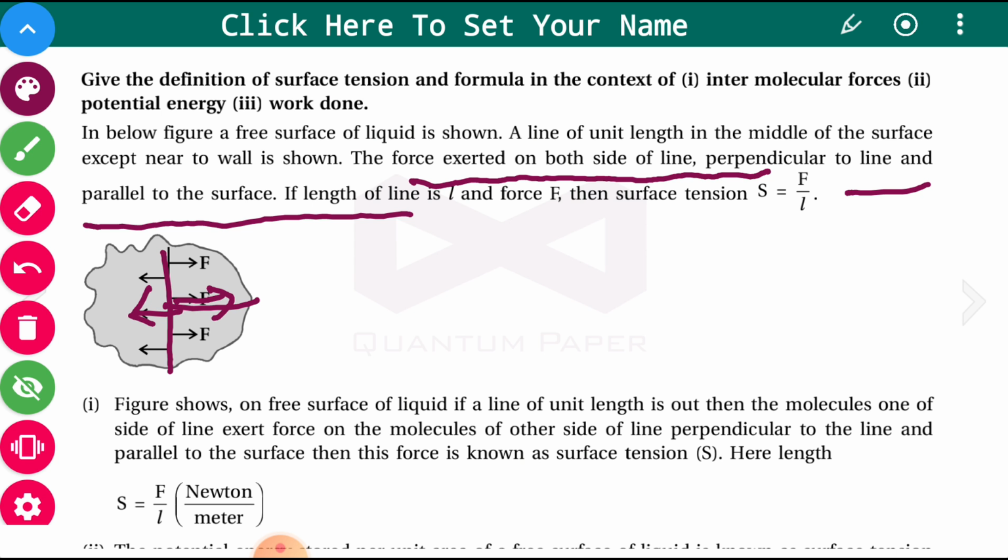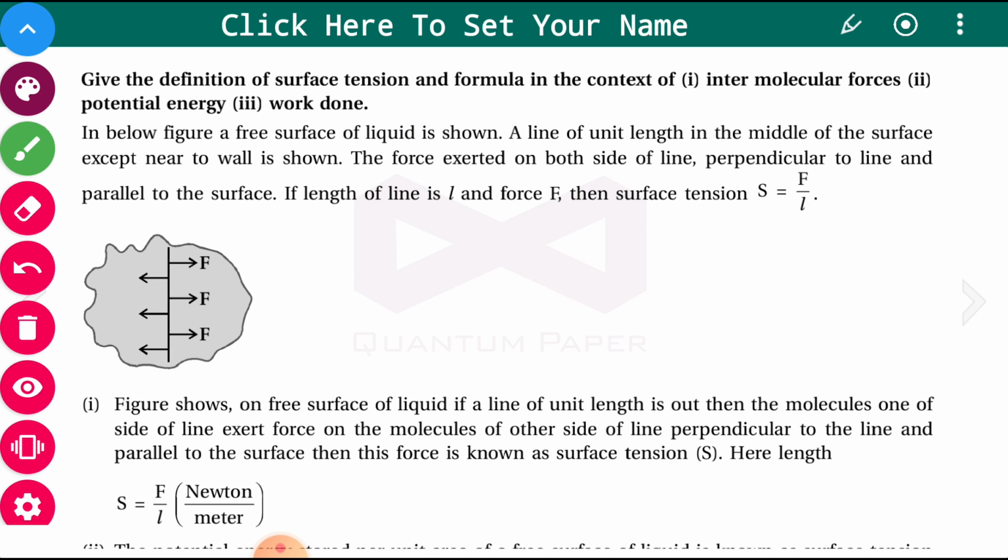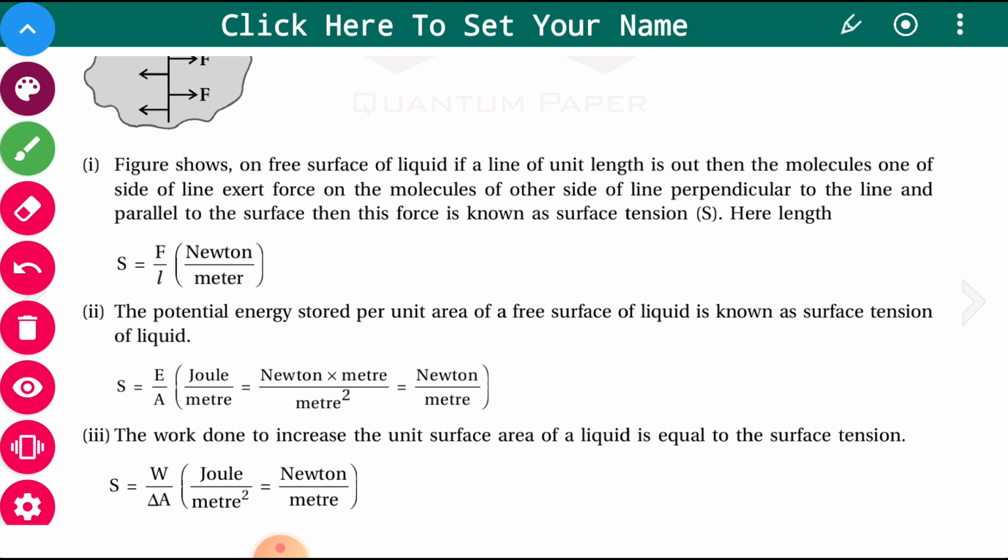Then if the length of the line is L and the force is F, the force per unit length is defined as surface tension. So F upon L is the surface tension, and its unit will be Newton per meter.